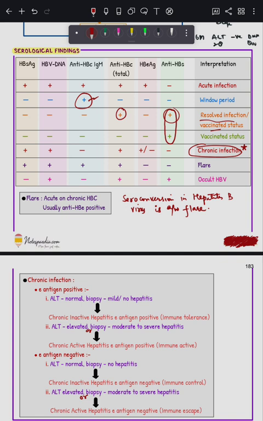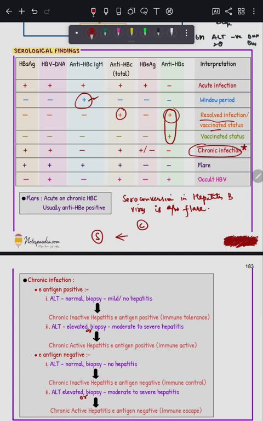So only anti-HBs positive means vaccine-induced immunity, because when we vaccinate the individual we give him surface antigen. If a patient has been naive to this infection, with no infection in the past and only received the vaccine, then how will he develop antibody against the core antigen?